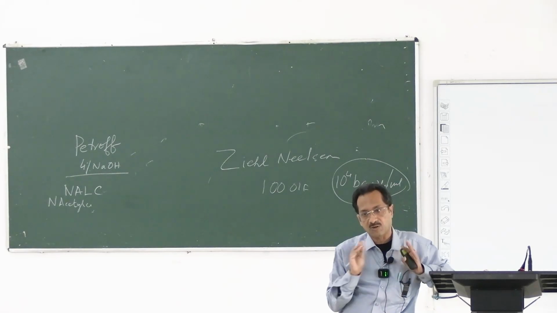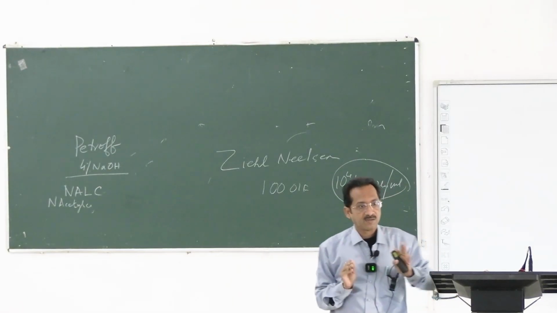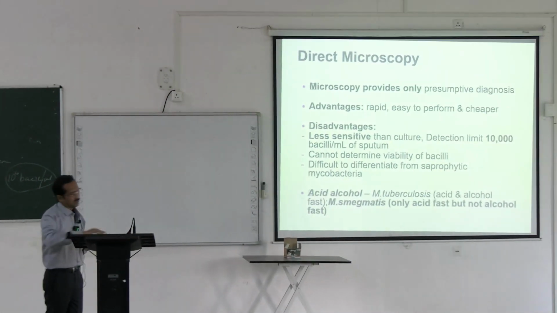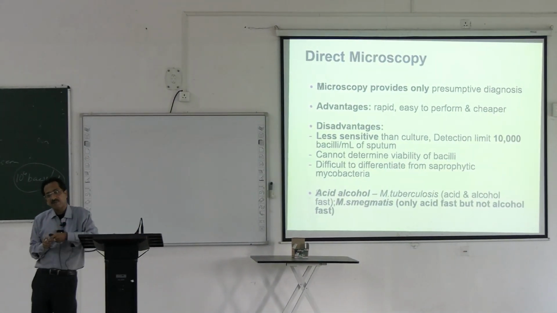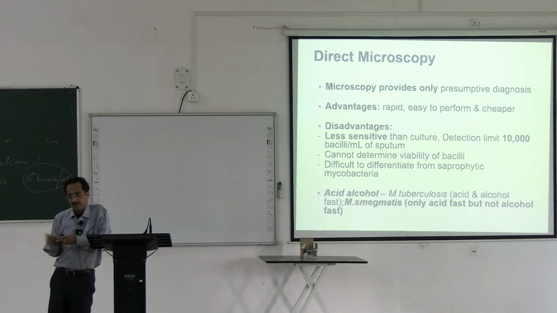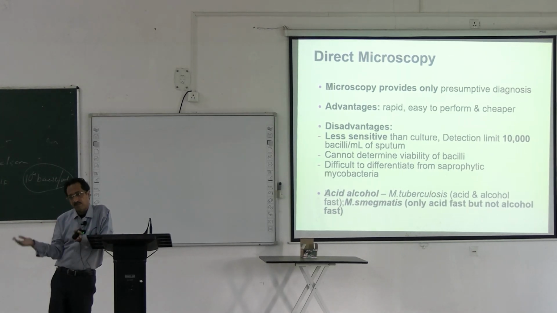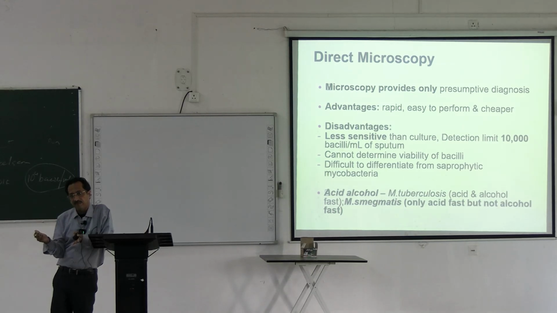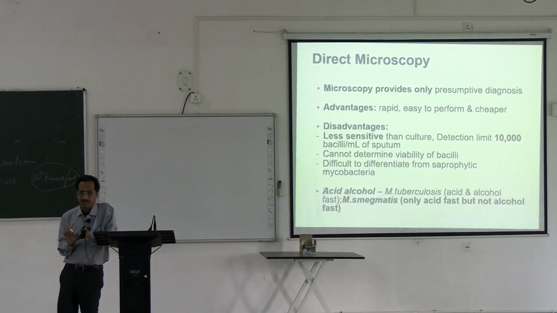So this is not sensitive. Another disadvantage is that it cannot determine the viability of the bacilli. If the patient is being treated with antitubercular drugs, TB bacilli may be dead, but sputum AFB can be positive.